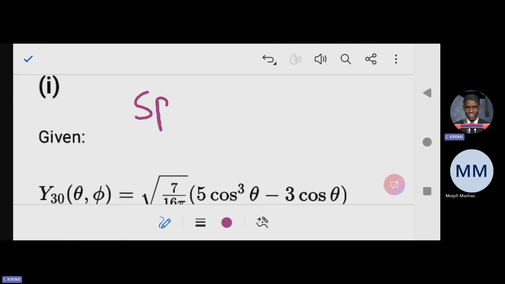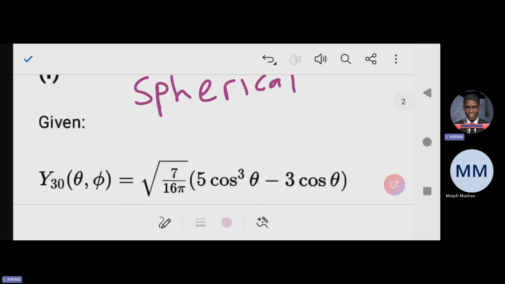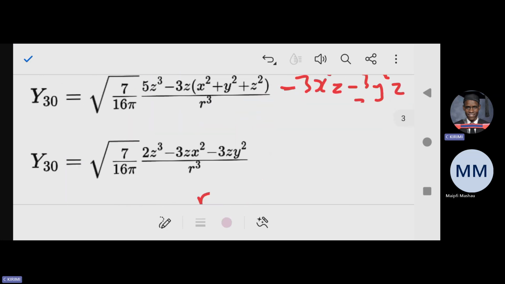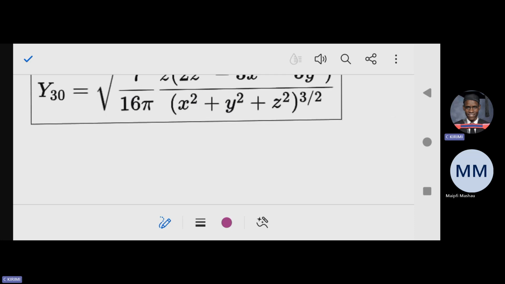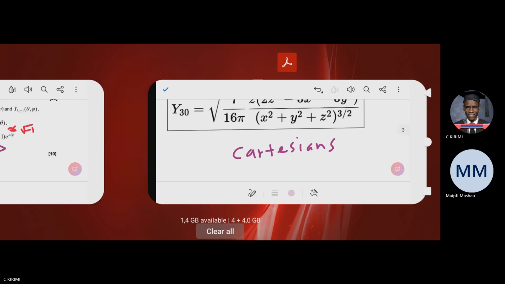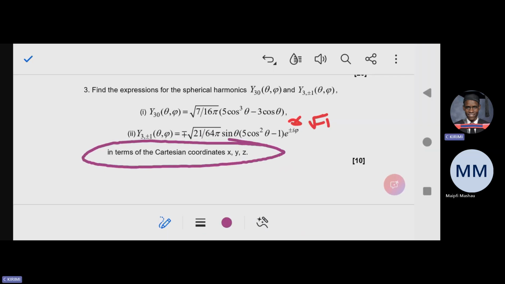So from spherical, you must reduce it to Cartesian coordinates, which we find in 3 dimensions: x, y, z. Then for the next question, you also have to put it in Cartesian coordinates. But don't forget that identity.